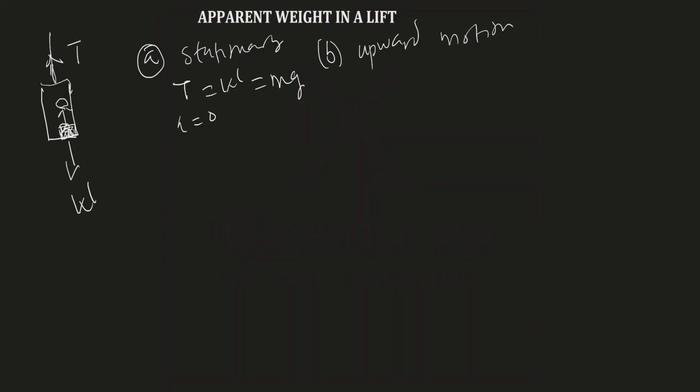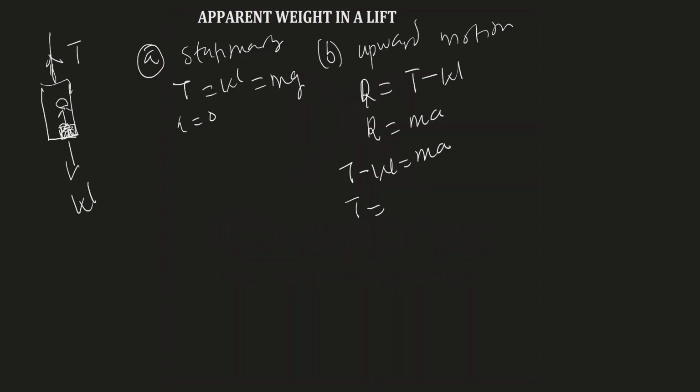Because the lift is going upward, the resultant of those 2 forces is going to be equal to tension minus weight, because the tension is greater than the weight for it to go upward. Note that the resultant of forces must equal mass times acceleration, according to Newton's second law. So it means that tension minus weight is equal to ma.